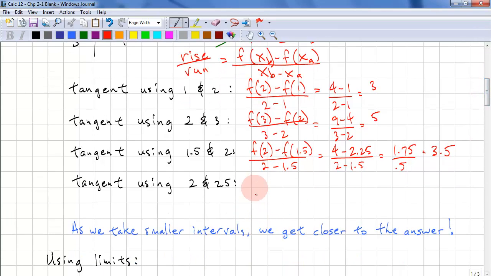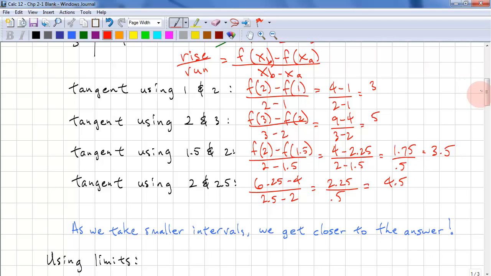And the last one, I'm just going to skip ahead a little bit. This is 6.25 minus 4 over 2.5 minus 2. And we have 2.25 over 0.5, and we get 4.5.